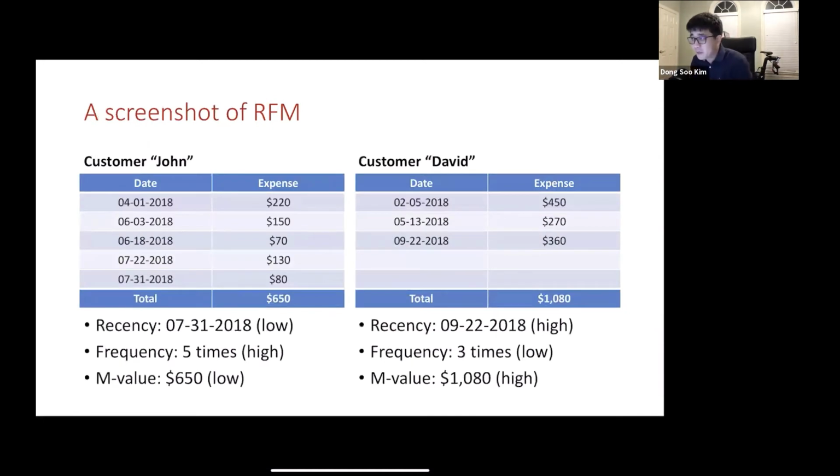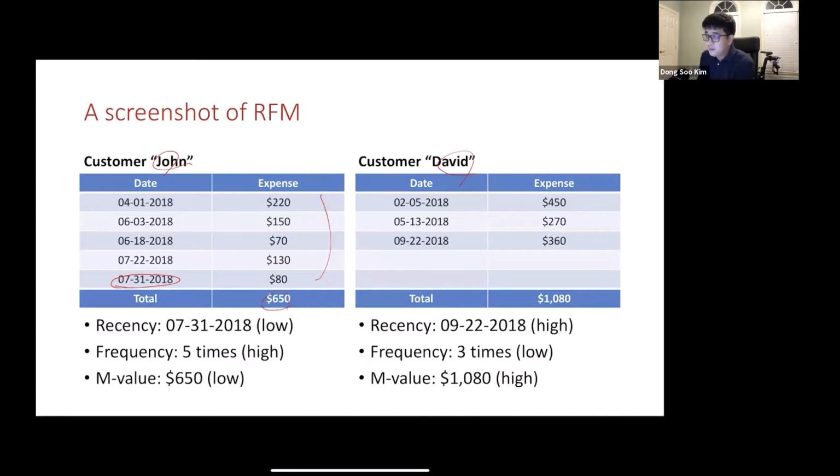For example, here's a screenshot of RFM. There are two customers, John and David, and these tables show their transaction history. John made 5 transactions or purchases in the data, and the last purchase date is July 31st, 2018. And his net spending is $650.